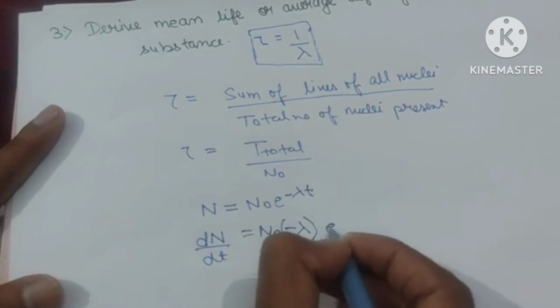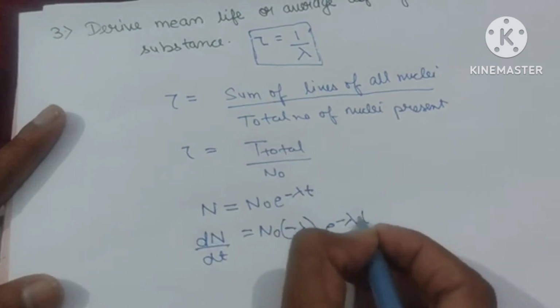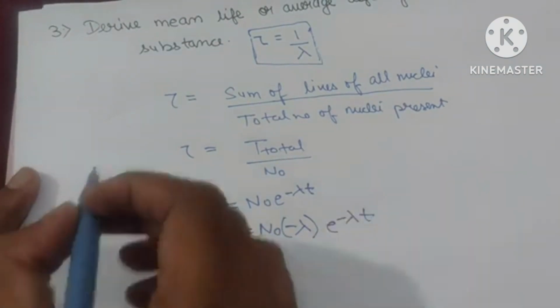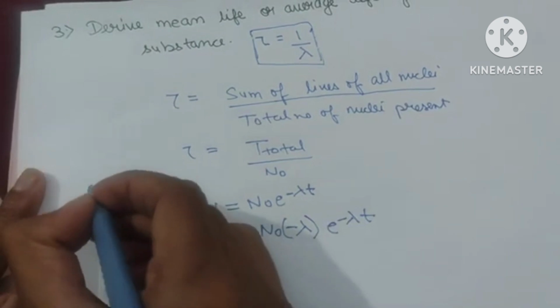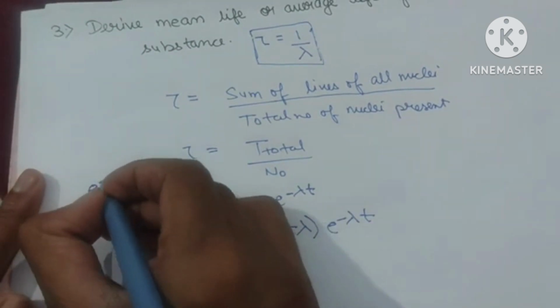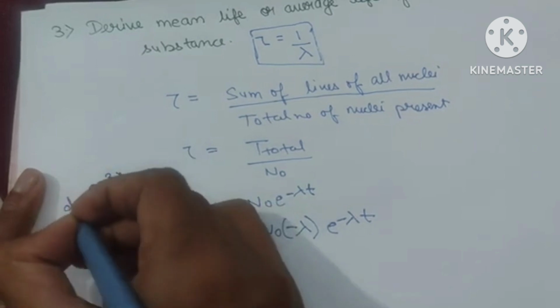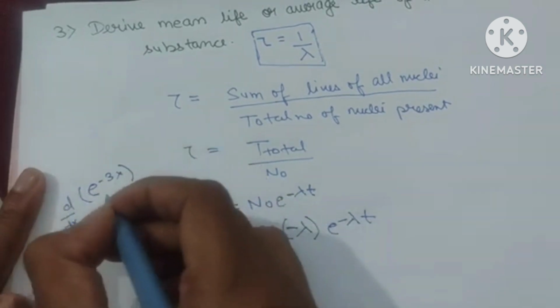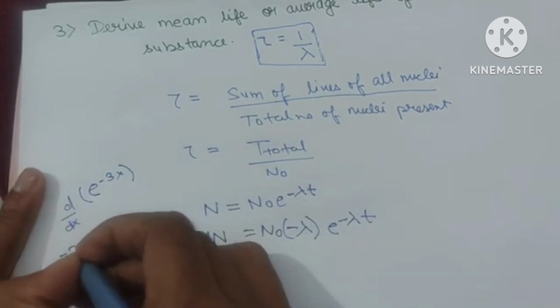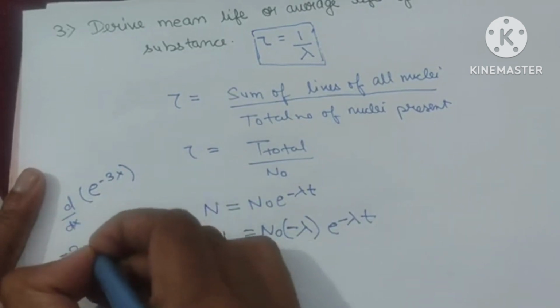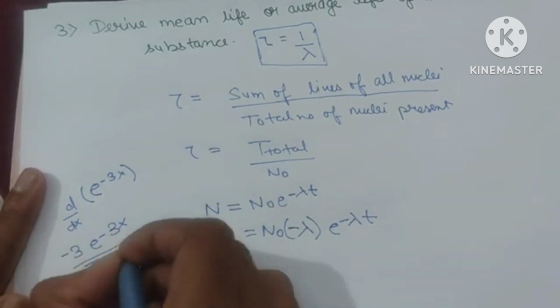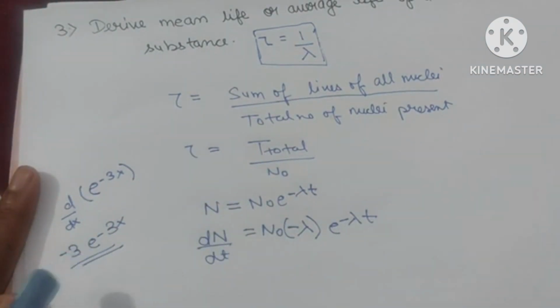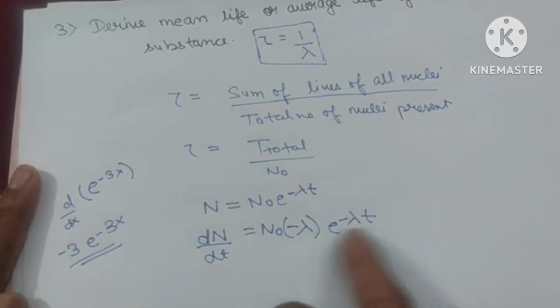Simply, how we derive it is like, suppose there is minus 3x and we take the differentiation, then minus 3 will come outside. This is the kind of differentiation we're talking about.